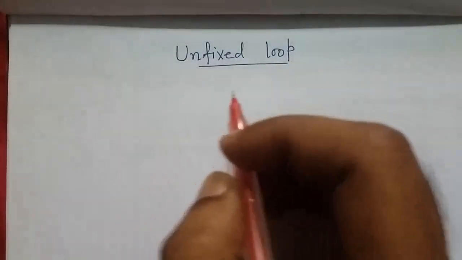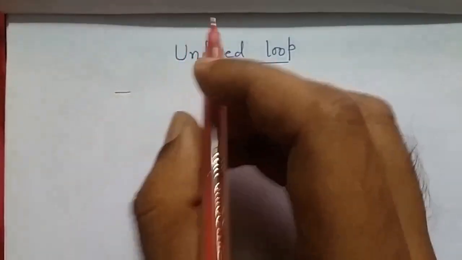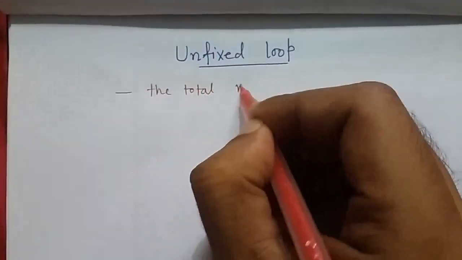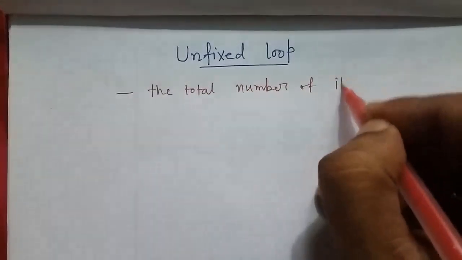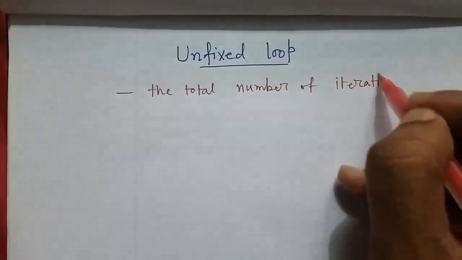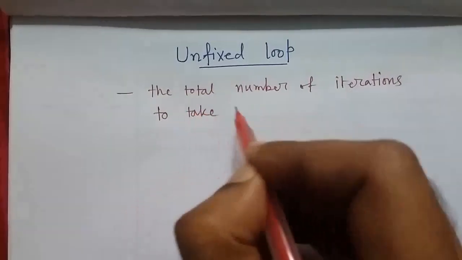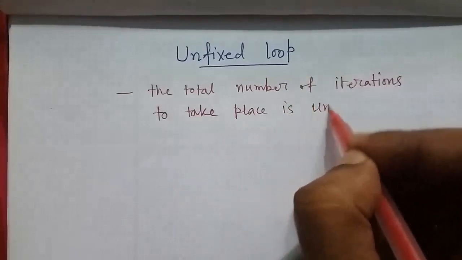Now unfixed loop. We will use unfixed loop if the total number of iterations to take place is unknown to us.